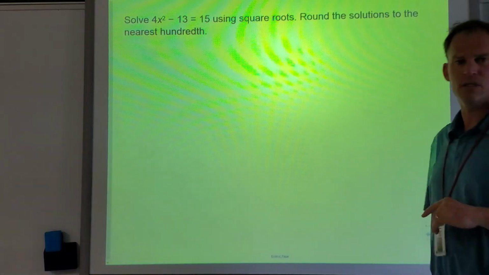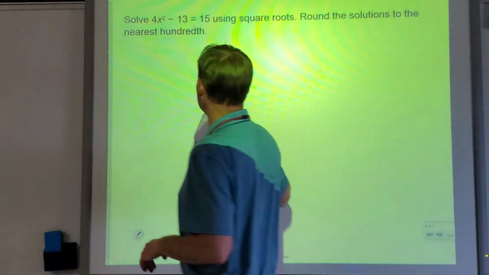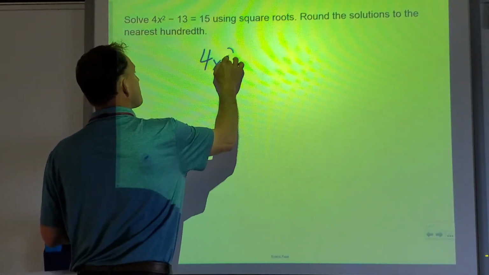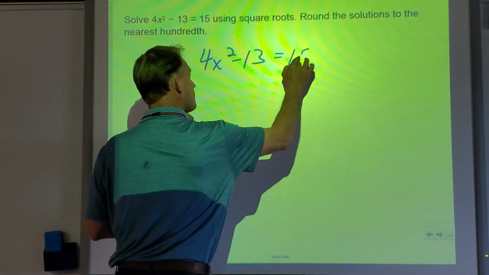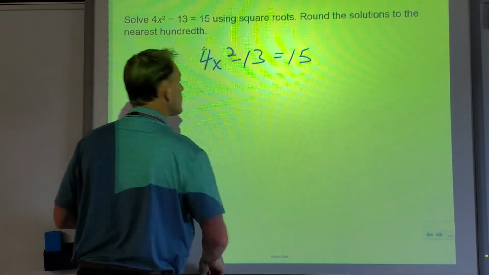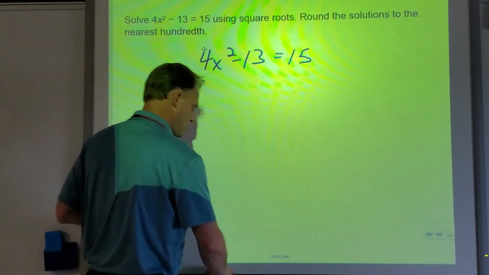So, the other thing would be round to the nearest 100th. So they don't always come out perfectly clean. So let's look at this one. Solve the equation.